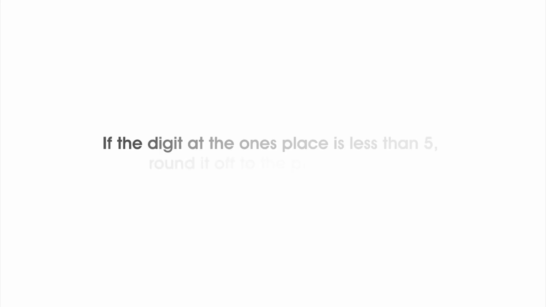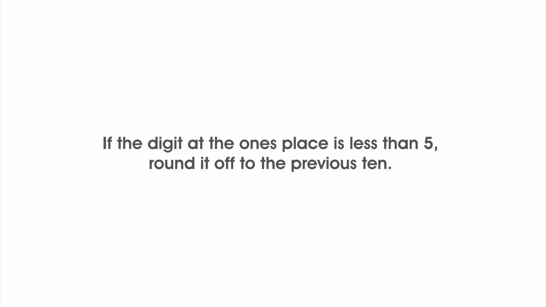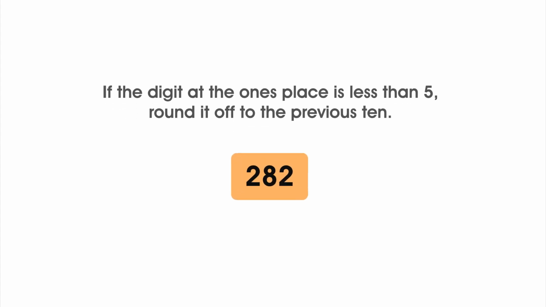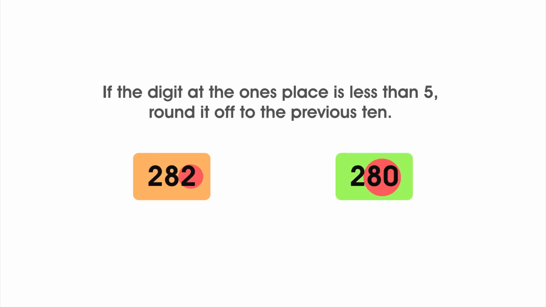If the digit at the ones place is less than 5, round it off to the previous 10. 282 can be rounded off to 280.